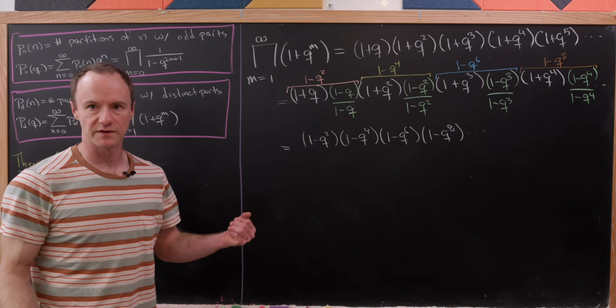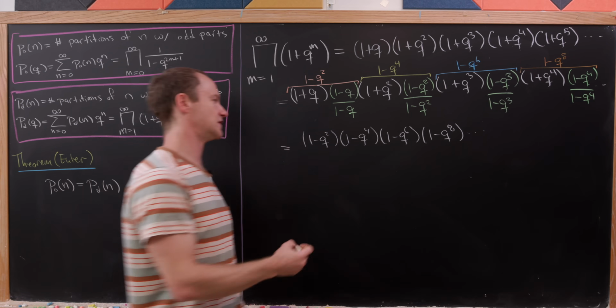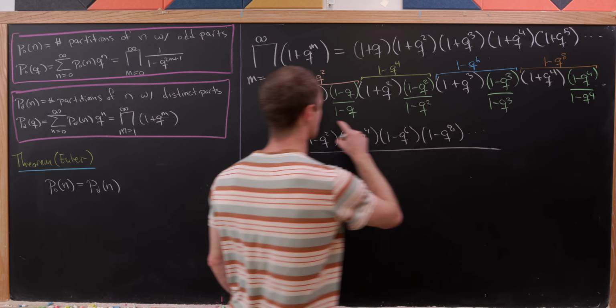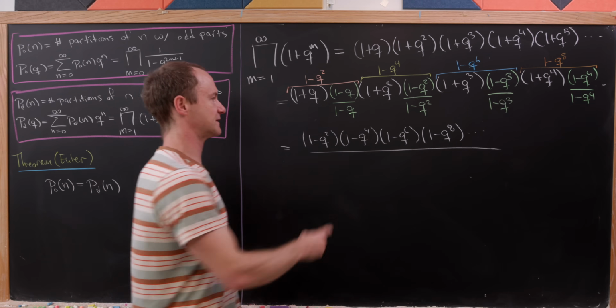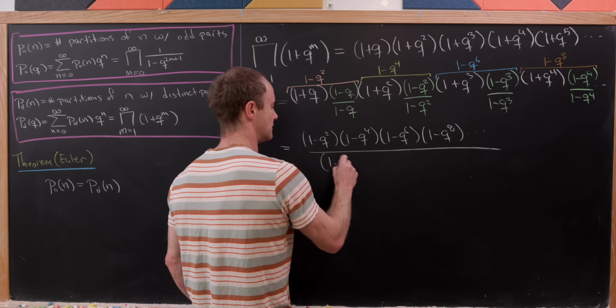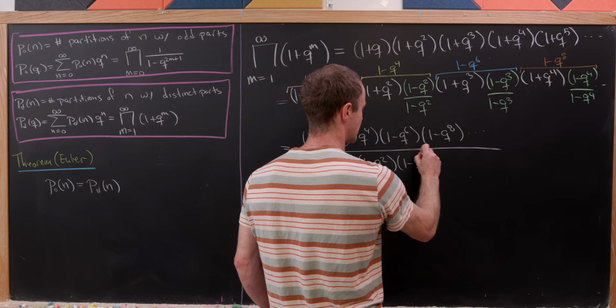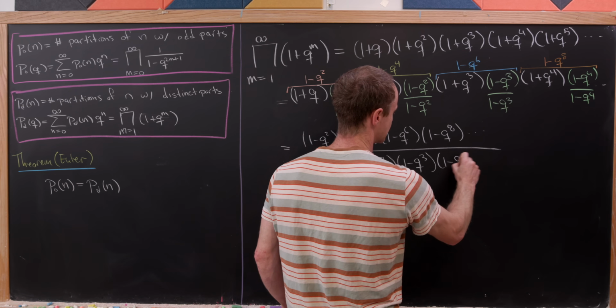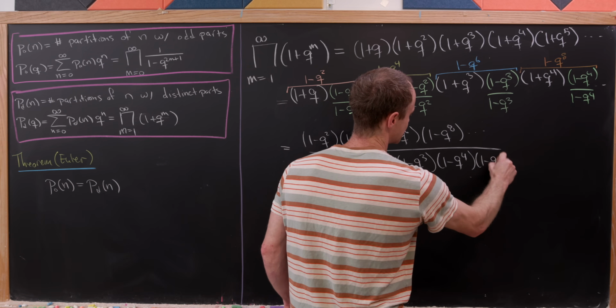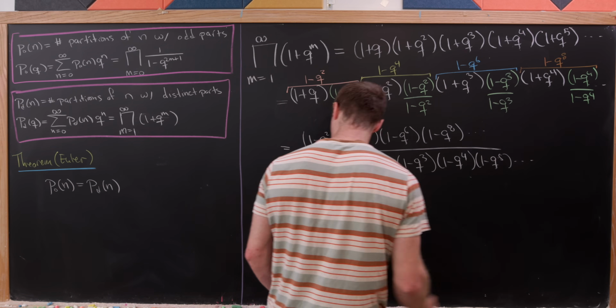So I've got all of those even powers of q. And then in the denominator, observe that I've got all of the powers of q: 1 minus q, 1 minus q squared, 1 minus q cubed, 1 minus q to the 4th, 1 minus q to the 5th, and so on and so forth.